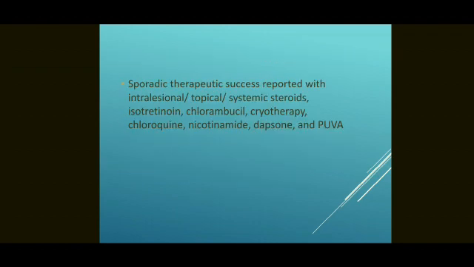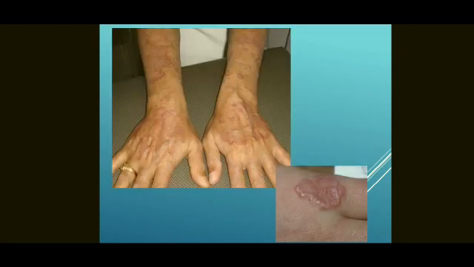Sporadic therapeutic success reported with intralesional topical or systemic steroids, isotretinoin, chlorambucil, cryotherapy, chloroquine, nicotinamide, dapsone, and PUVA. This is the picture where you can see annular lesions with papular border with central clearing.